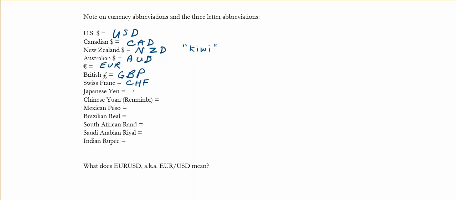I think it has to do with its name in Latin. Maybe you're wrong about that. You can go check me on that. Japanese yen, JP for Japan, Y for yen. The Chinese yuan, which is also called the renminbi, some of you might be laughing at me and how I'm saying that, is abbreviated CNY.